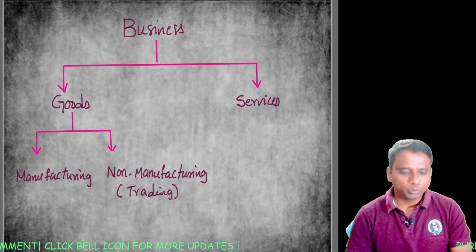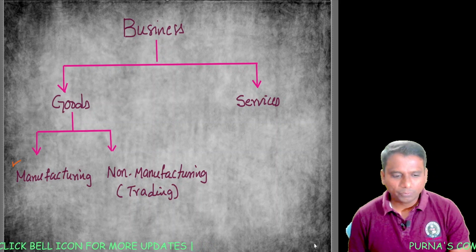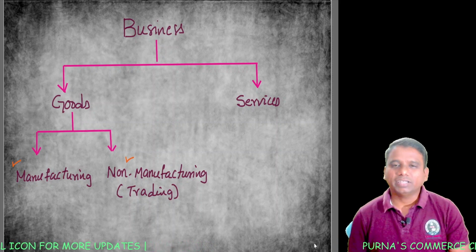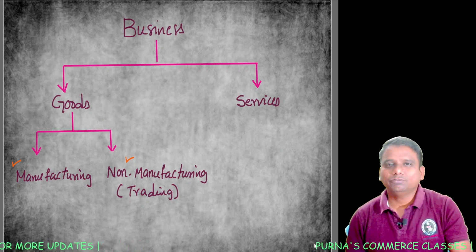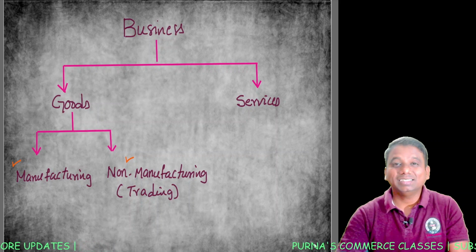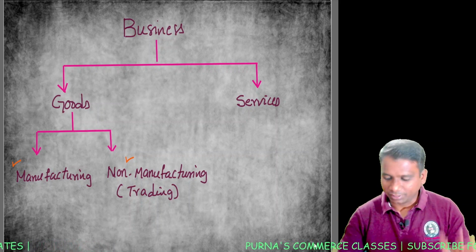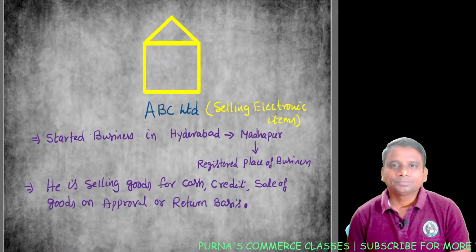Again, when it comes to goods, either you manufacture the goods and sell them, or it is a non-manufacturing activity. That means we buy the finished goods and sell the finished goods without changing their form. This concept we know very well.